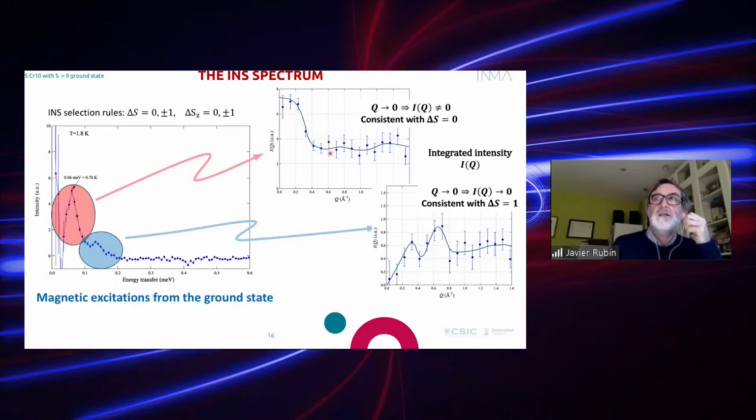These lines are just a guide to the eye. It's not a natural fit at all, but we have completely different behavior.